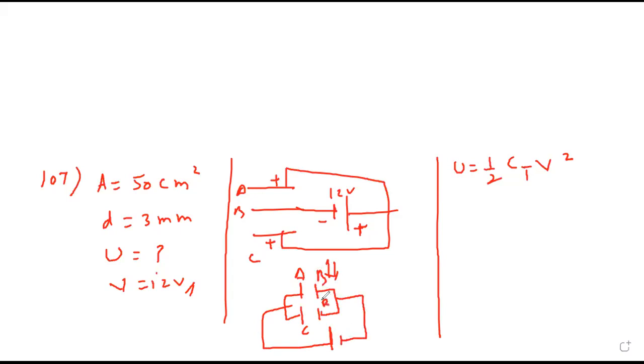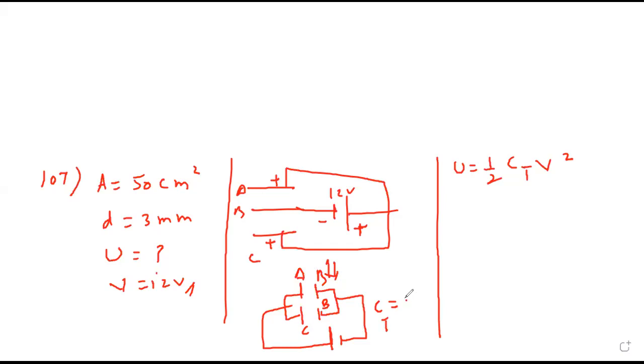So this is which combination, series or parallel? Parallel. So AB and BC both are parallel.